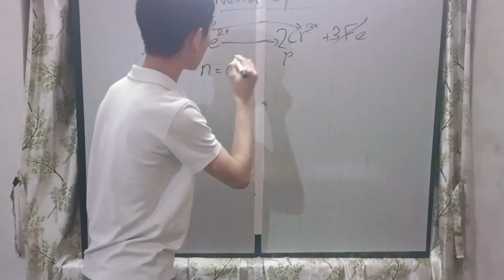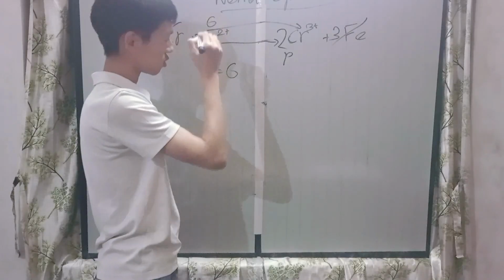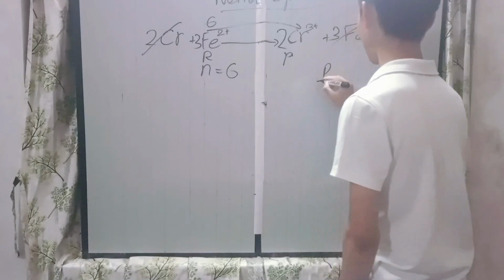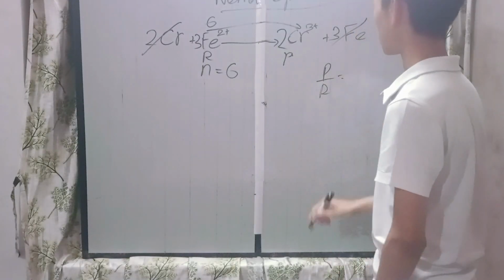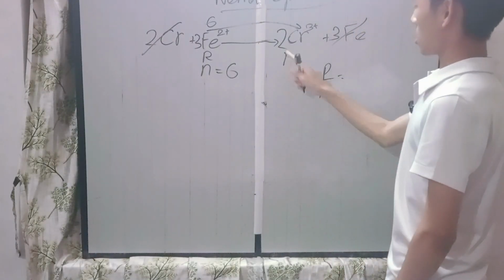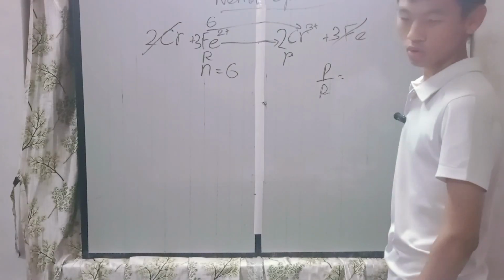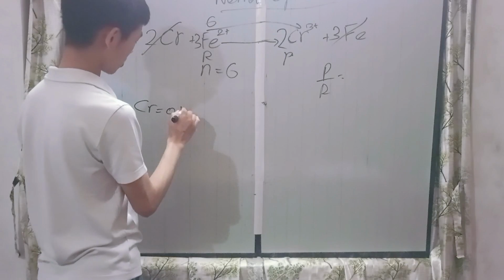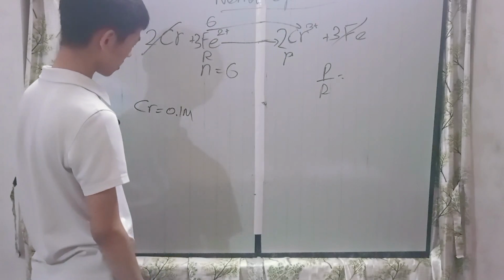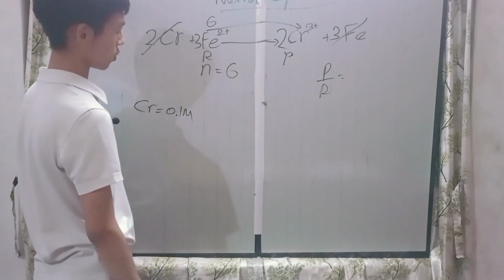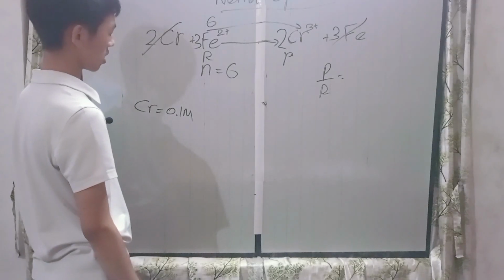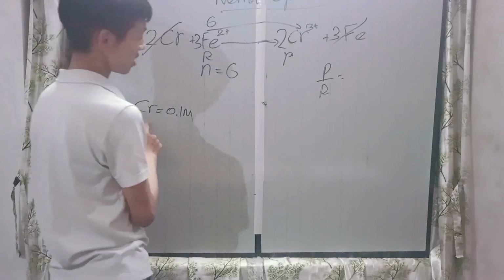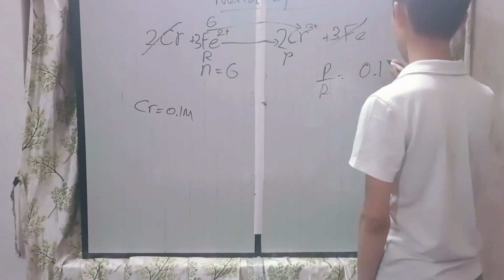So the concentration of moles of product and of reactant: the reaction quotient is products over reactants. The product is 2 chromium. At the beginning in the question we had 0.1 mole of chromium, but there are 2 of it, so we square it.